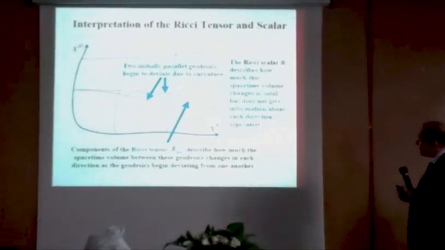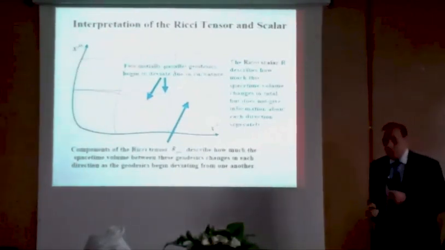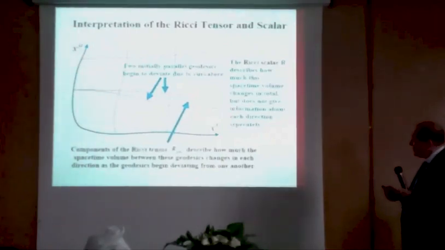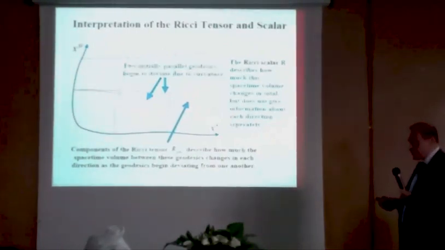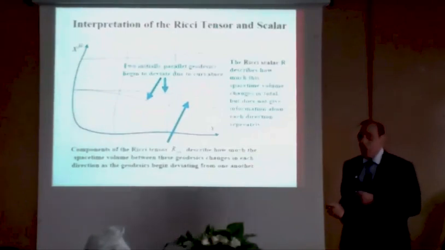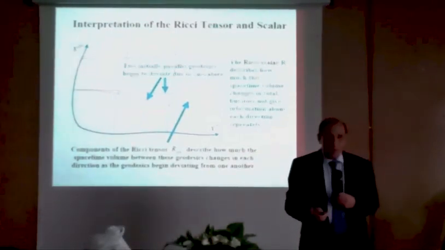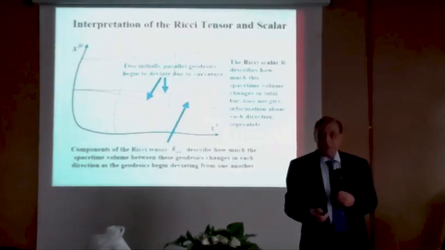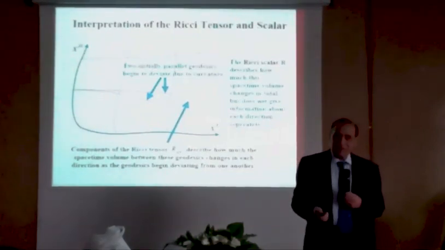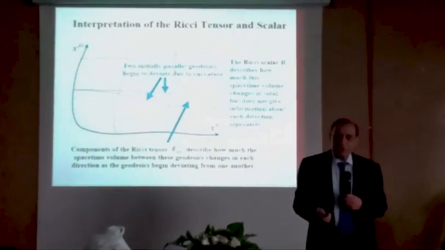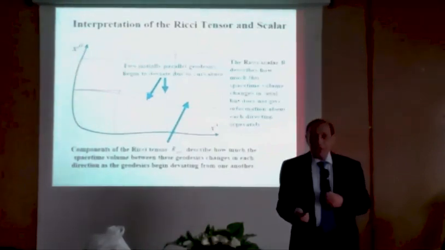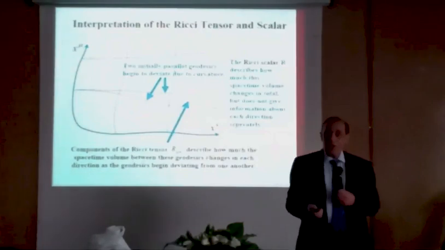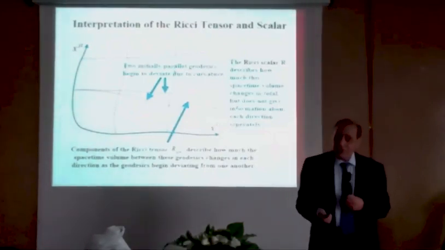The Ricci scalar is exactly the same in that it shows you how much volume is changing when I move from one point to the other, but it will not indicate anything about direction. It is a scalar quantity. So this is the difference, or the physical interpretation, of the Ricci tensor and the Ricci scalar.